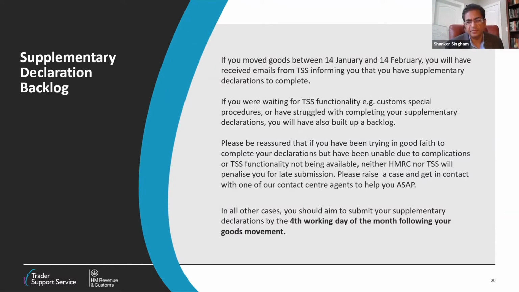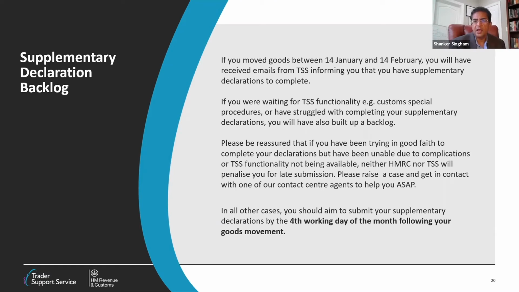Customs Freight Simplified Procedures. We've allowed them to use our simplified procedures so that you can get easily across the frontier between GB and Northern Ireland simply using the ENS, the Safety and Security Declaration, and the SFD. And then you can, with a bit more time, finish up the information that you need to plug in there for the supplementary declaration, so that you are not impeded in getting across the frontier.